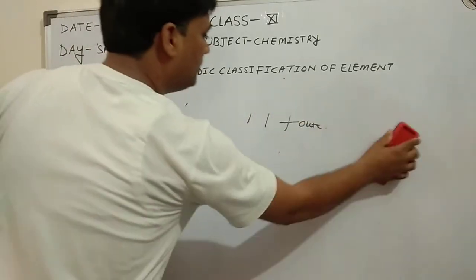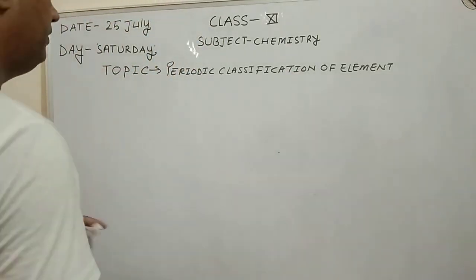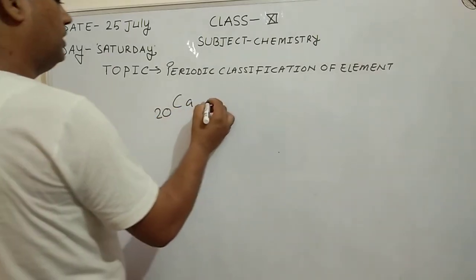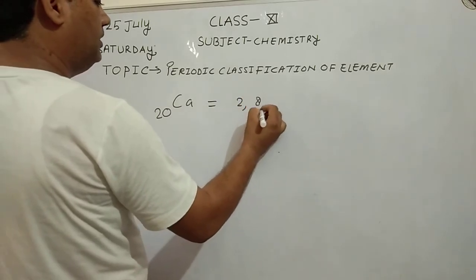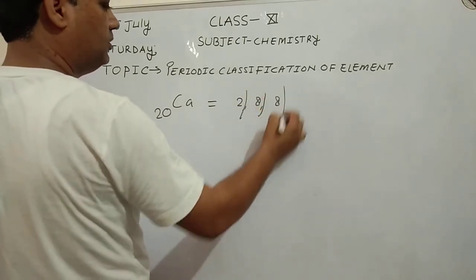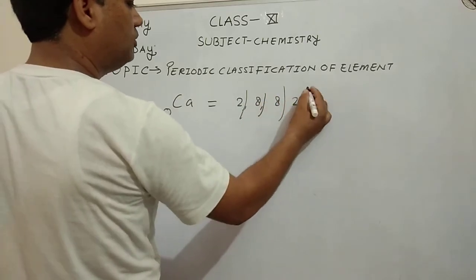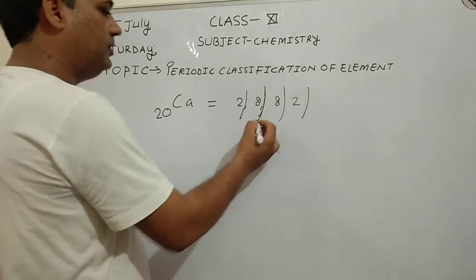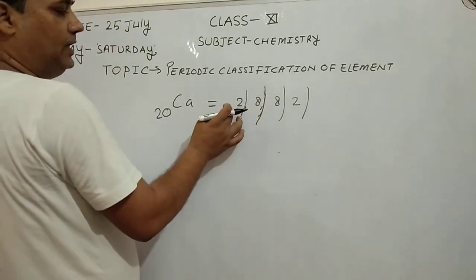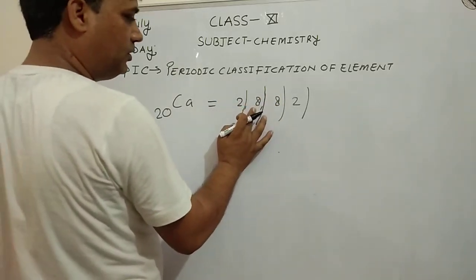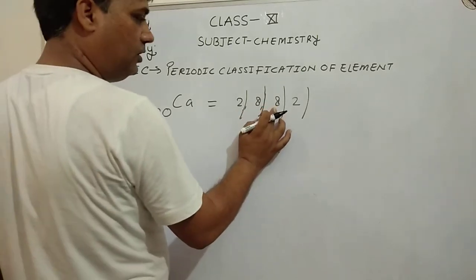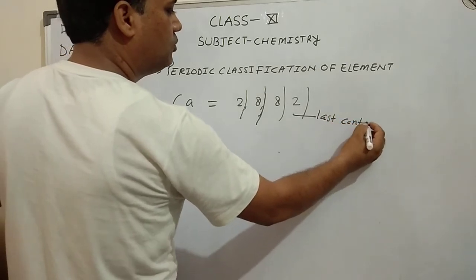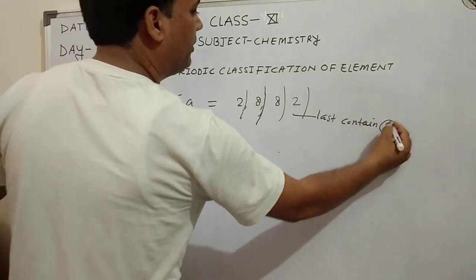Next example is in the case of calcium. Its atomic number is 20, but its electronic configuration is 2, 8, 8 and 2, because in calcium the total number of shells present is equal to 4. The first shell has 2 electrons, the second shell has 8 electrons, the third shell has 8 electrons, and the last shell contains 2 electrons.